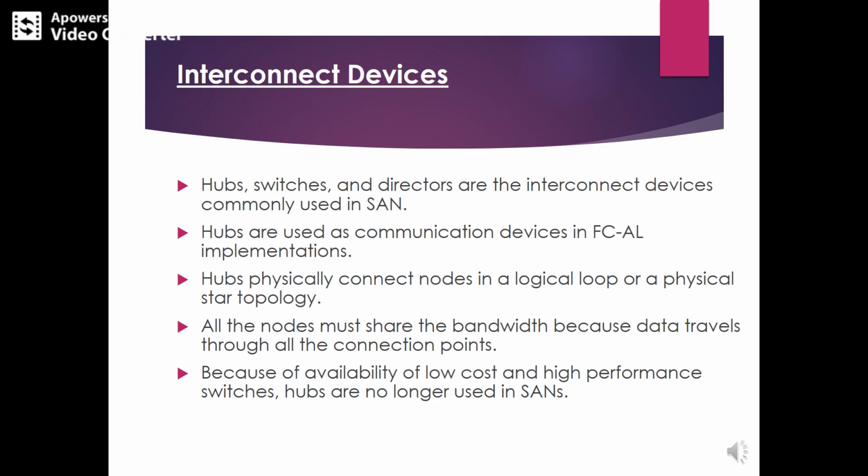Interconnect devices. Hubs, switches and directors are the interconnect devices commonly used with respect to SAN architecture. Hubs are used as communication devices in FC-AL, Fibre Channel arbitrated loop, implementations.